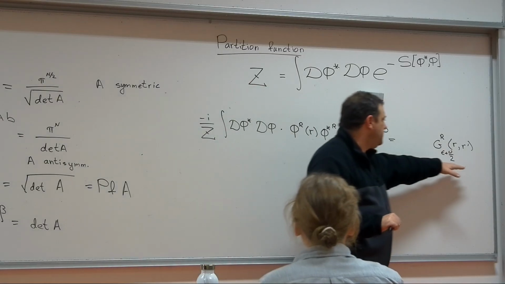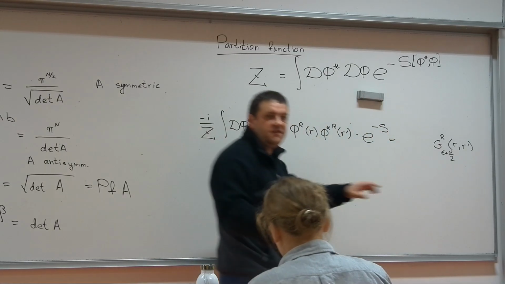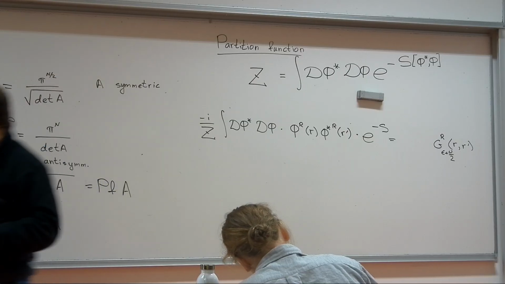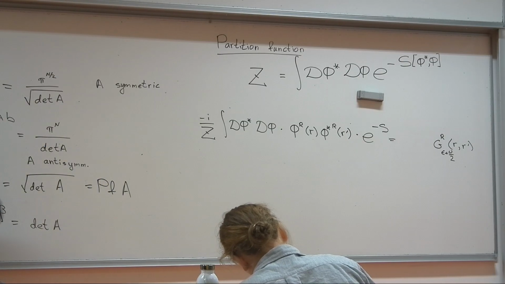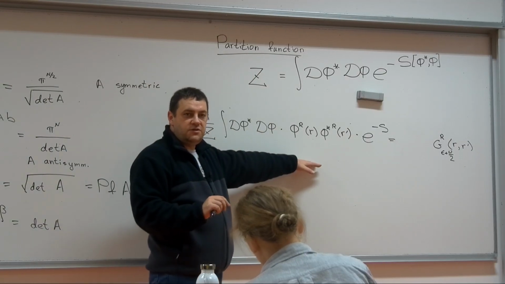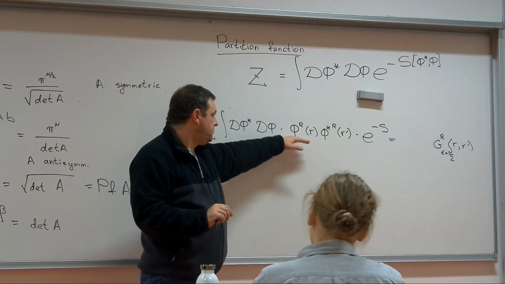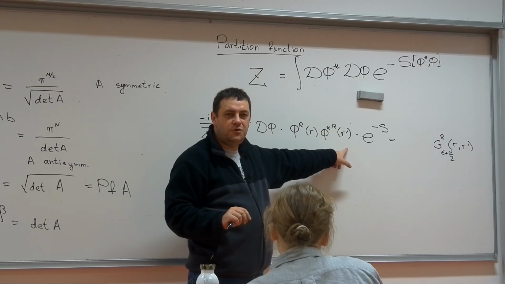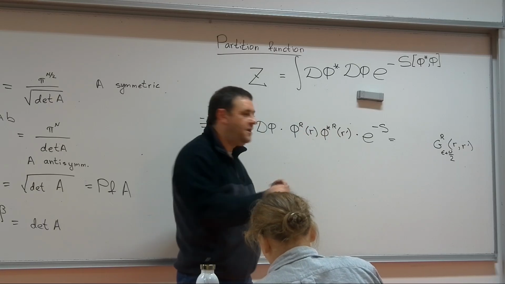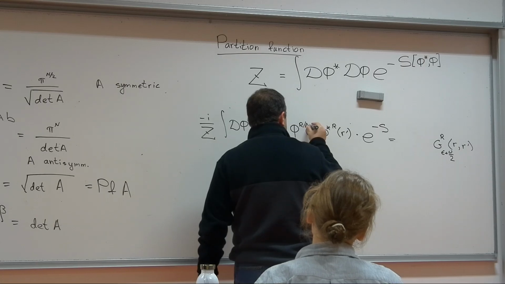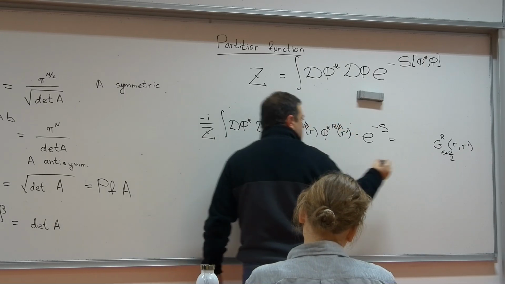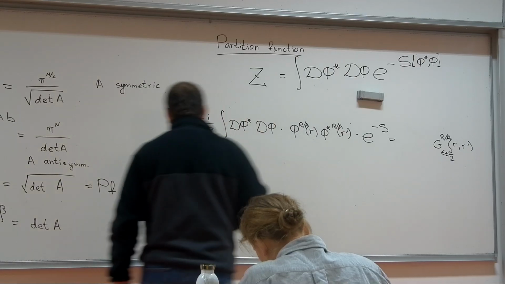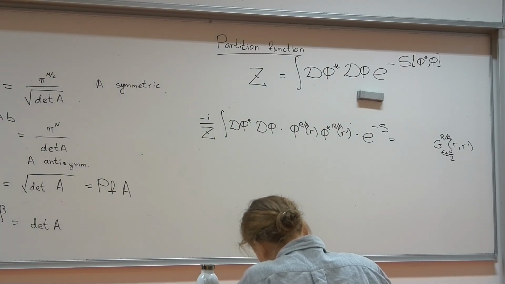So the exact electron Green function in a given potential V of r, without any averaging, can be represented as such a Gaussian integral. And the fields here are exactly the fields that know which point is r, which point is r prime, and which function I need. It's retarded. If I want an advanced function instead, I will put two advanced fields here. I will get an advanced function, at energy epsilon minus omega over 2. And that's it.